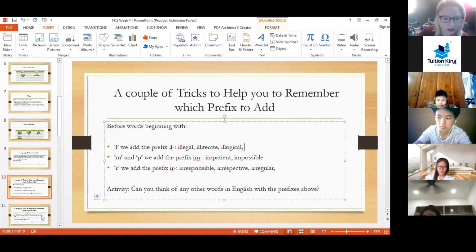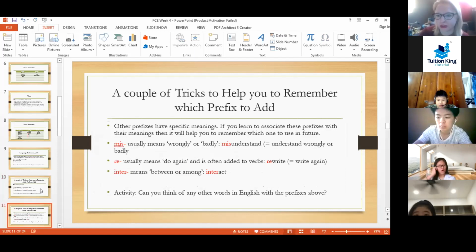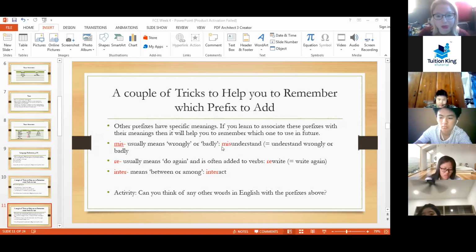So a final trick that I want to show you to help you remember some prefixes is that some prefixes are associated with a fixed meaning. So for example, mis tends to be associated with something that is understood wrongly or badly. So an example is to misunderstand or possibly to misinterpret.